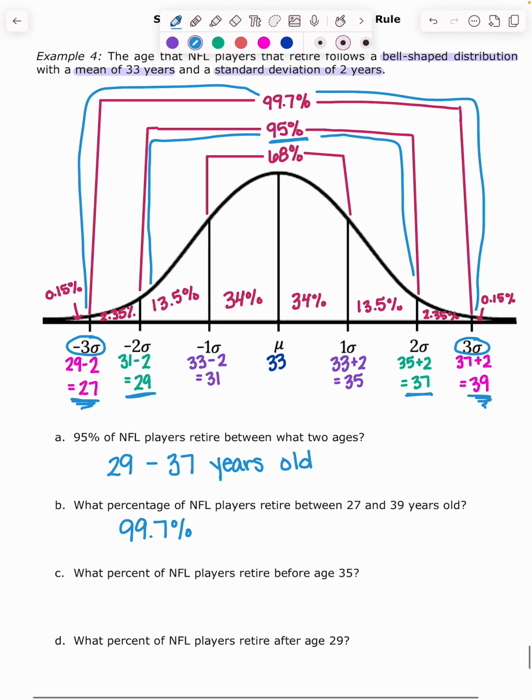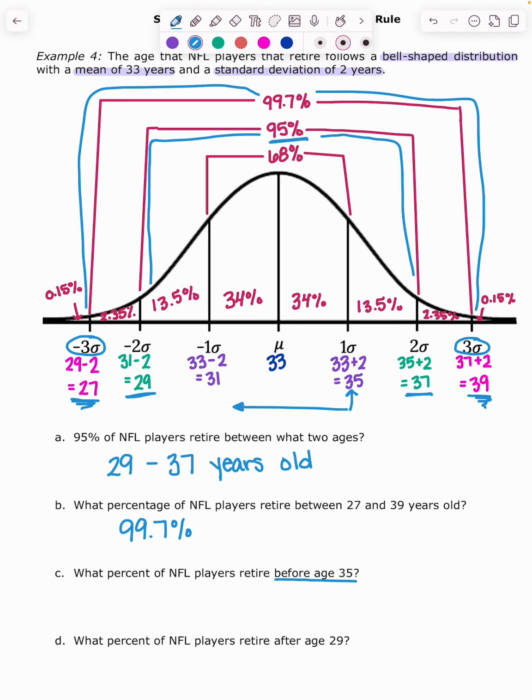Okay, now these two are going to be a little bit different. This one: what percent of NFL players retire before age 35? So if I start on the line for 35, I want to know what percent retire before they hit 35. That means I want to look at all of the percentages for the ages below that.